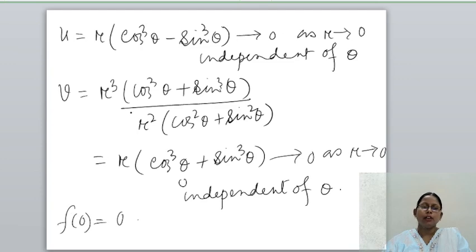That means the limiting value of f(z) and the actual value of f(z) at z = 0 are the same. So f(z) is continuous at the origin.